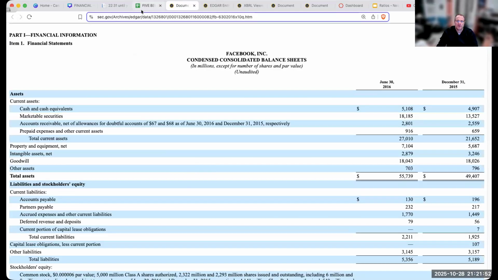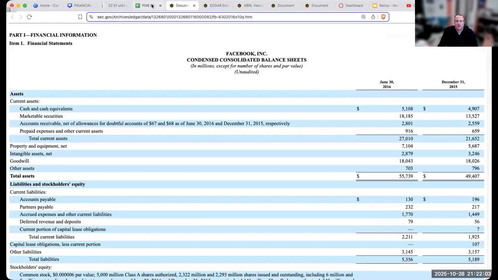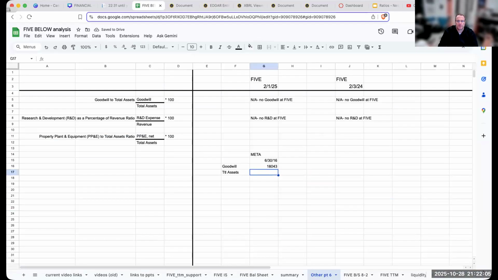Okay, so my goodwill here is 1,843 million. And then my total assets are over here at 55,739,000,000. At this point in time, Meta Platforms has made a lot of different acquisitions.